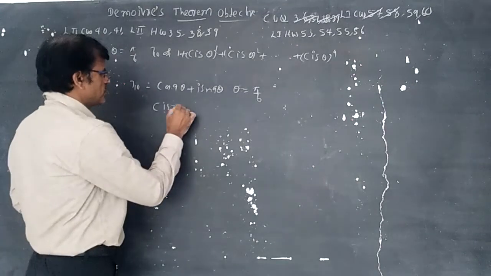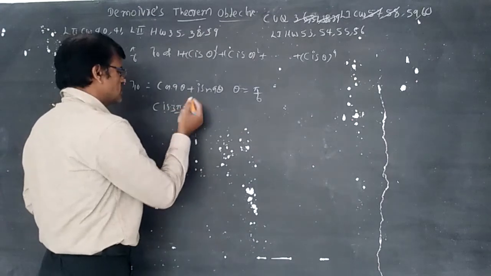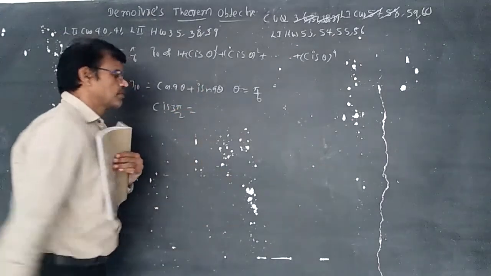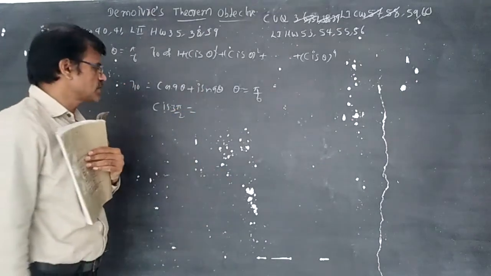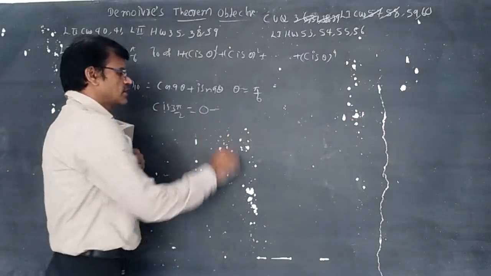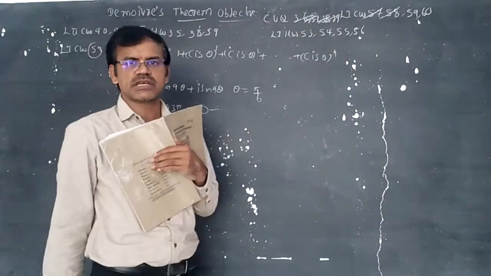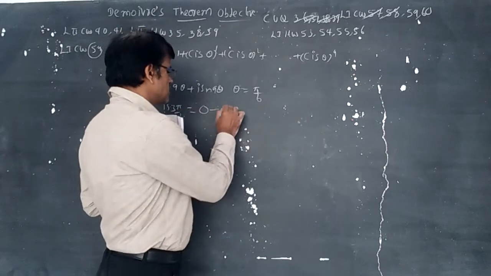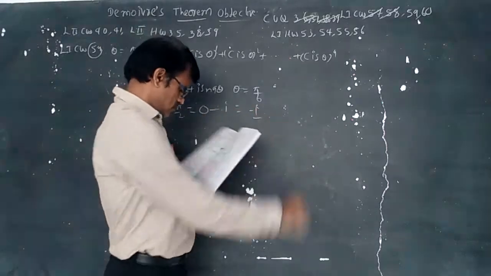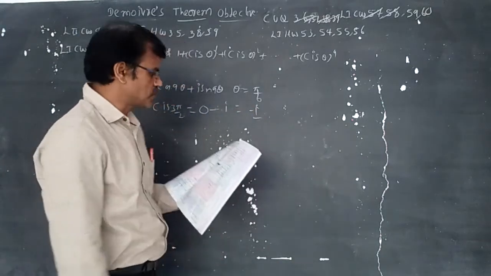So cis 3 pi by 2, that means cos 270 plus i sin 270. Cos 270 of course 0, sin 270 is sin 180 plus 90, minus sin 90, minus 1. So it is minus i. Minus i, yes, second option.